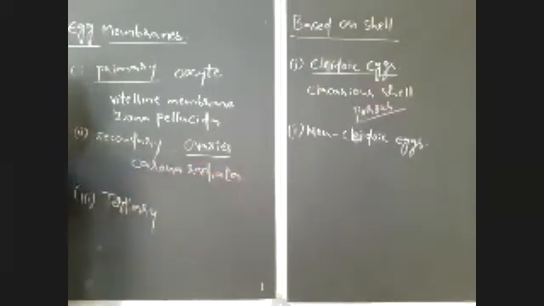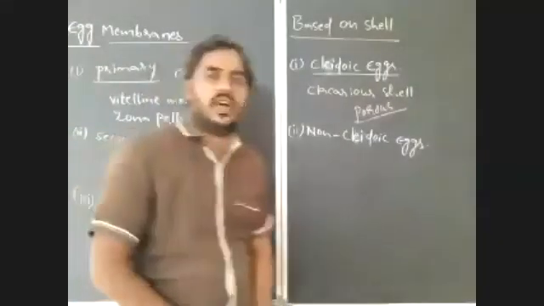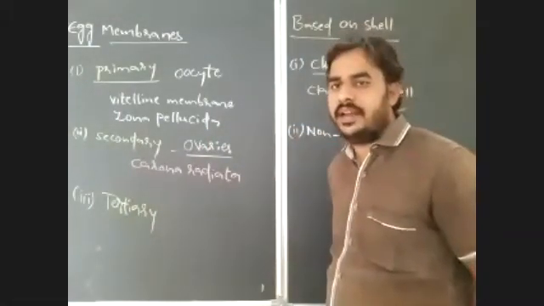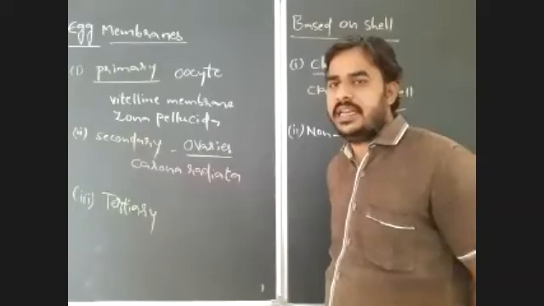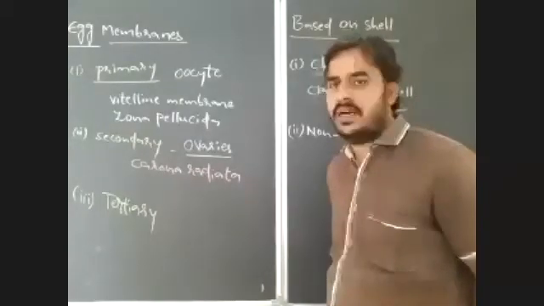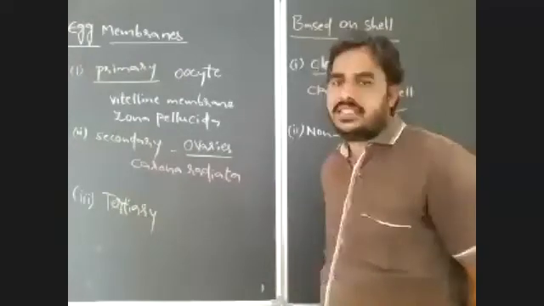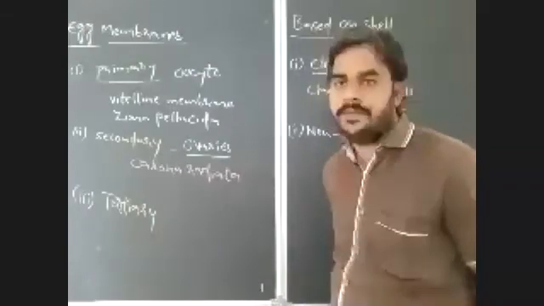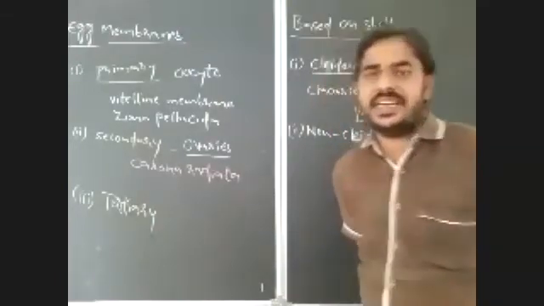Corona radiata is the secondary egg membrane that is secreted by the follicular cells of the ovaries. So those are secondary egg membranes. And what are tertiary egg membranes?